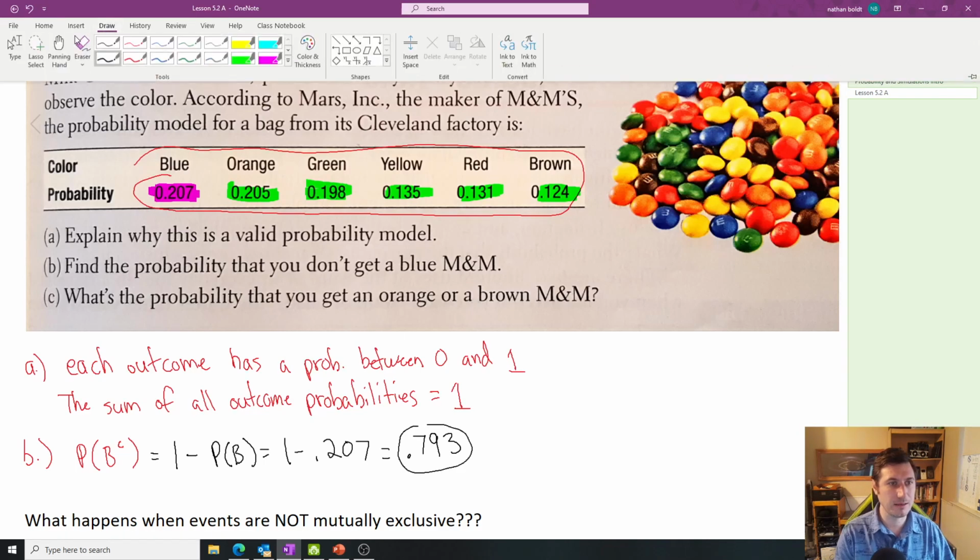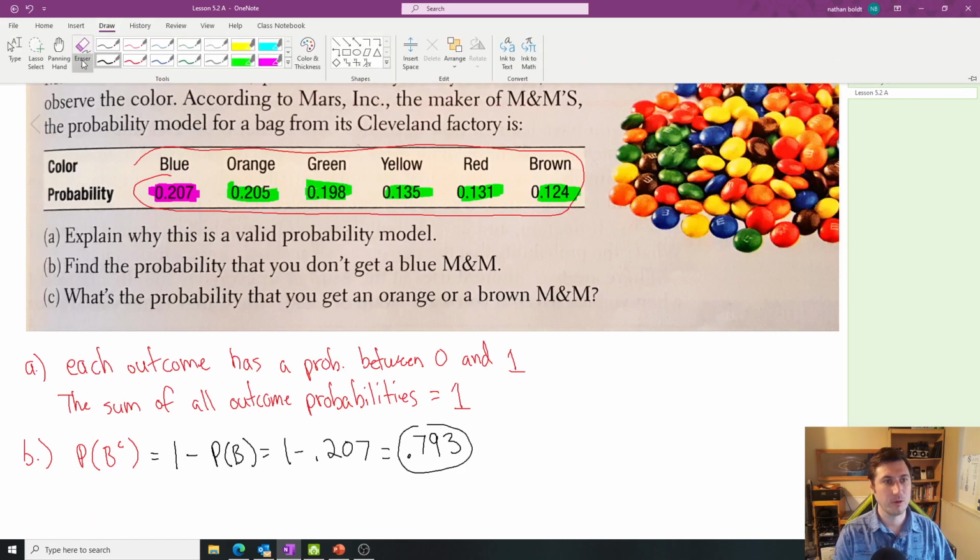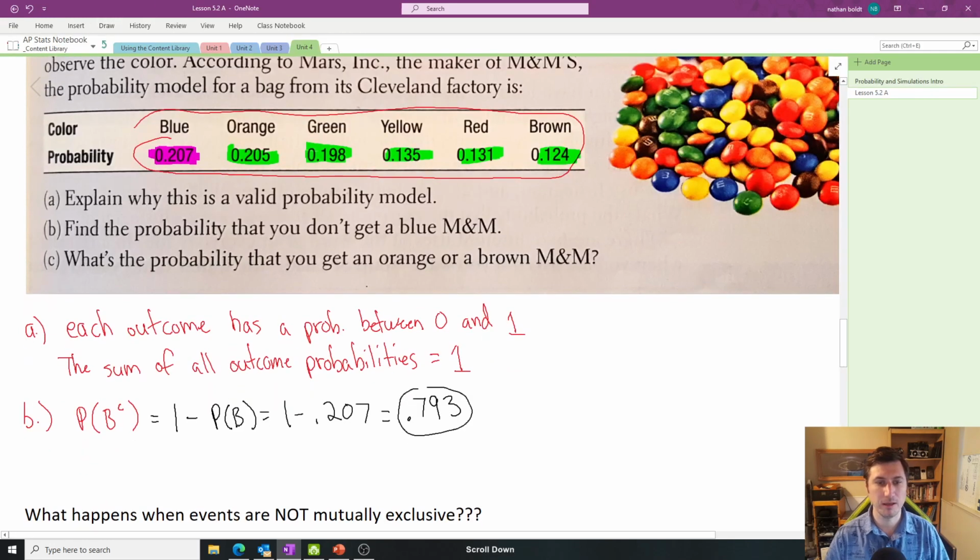All right, and the one that we're really looking forward to here with this example is part C. What is the probability of getting an orange or a brown? Now, can I use the addition rule? Are those mutually exclusive?